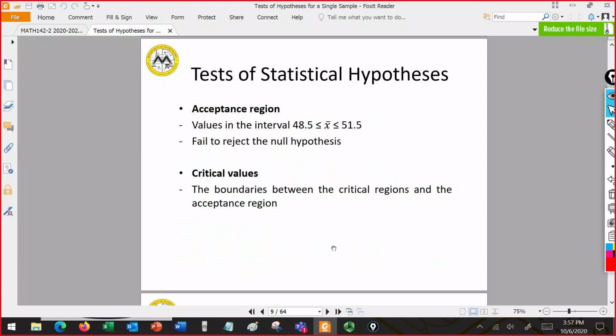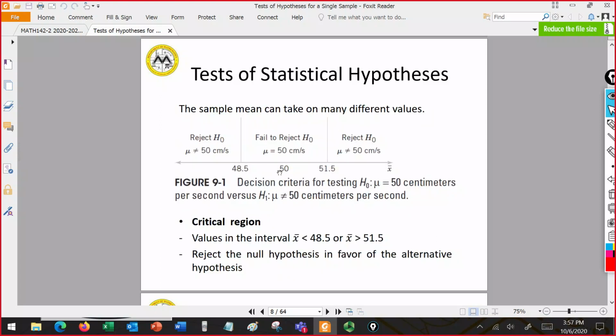Whereas, on the acceptance region, yung nasa gitna naman, kung may na-compute tayong, say, 49 na mean nung random samples natin, so statistically, pwede na siyang tanggapin. Yung 49, pwede na natin i-consider as 50 centimeters per second yan. Pwede na.